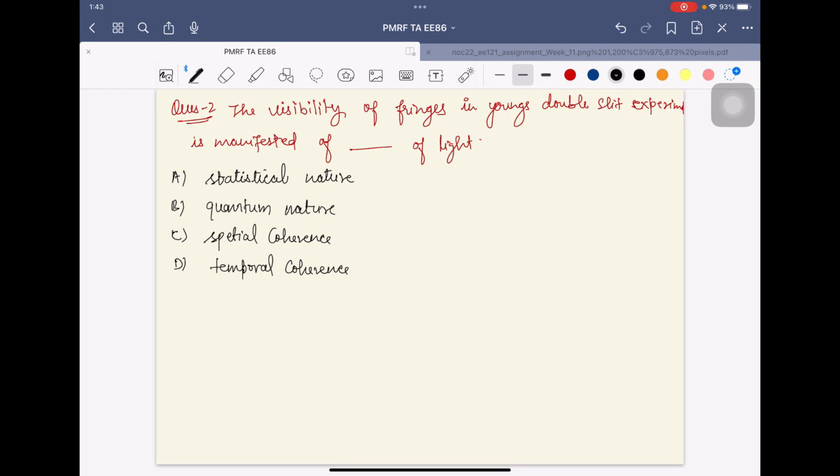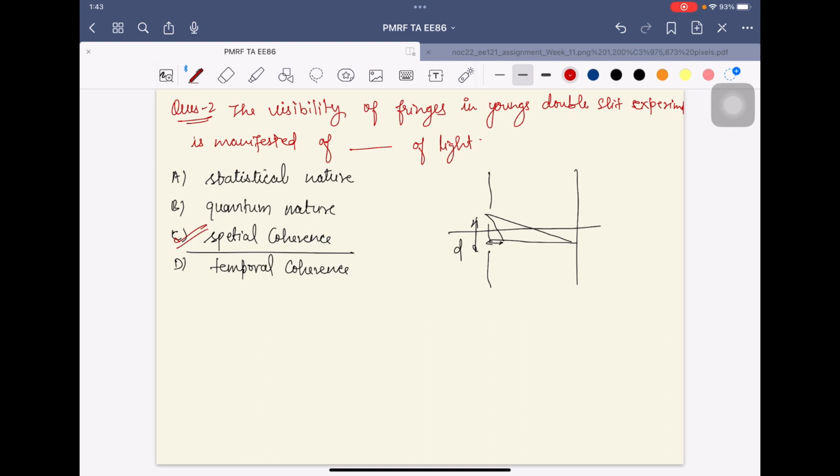So as I said earlier, in Young's double slit experiment, whatever path difference is given by this distance d between two slits, it means this manifests as spatial coherence. Okay, so spatial coherence is the correct answer.